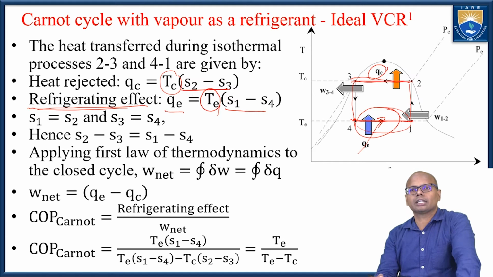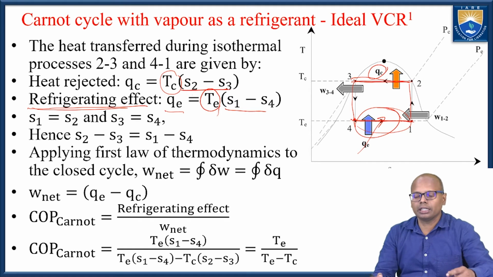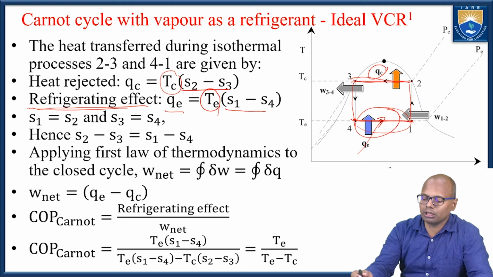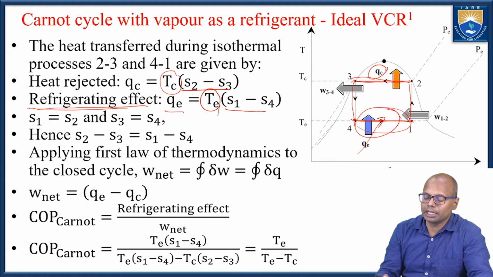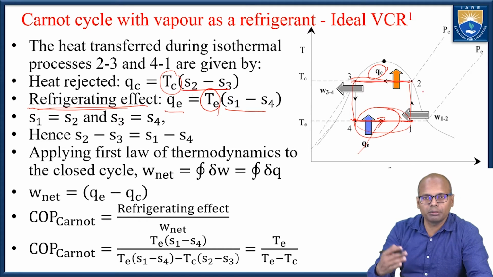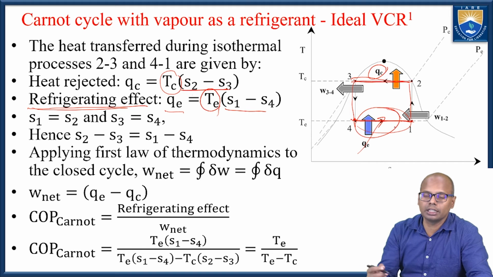If that is the case, what is the net work done? The net work done is equal to the work done in all the 4 processes, or based on thermodynamic principles, it is also equal to the net heat removed or absorbed inside the cycle.